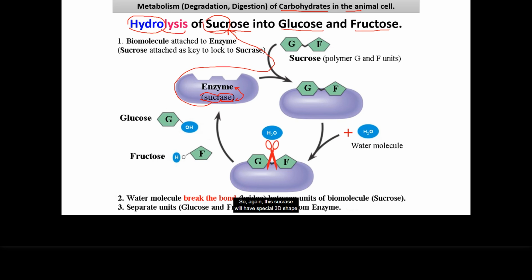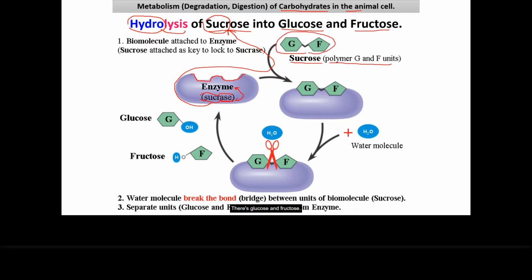So again, this sucrase will have a special 3D shape in here, an active site, and during the chemical reaction, what will be happening? The sucrose molecule, which is made of glucose and fructose units as shown in here.